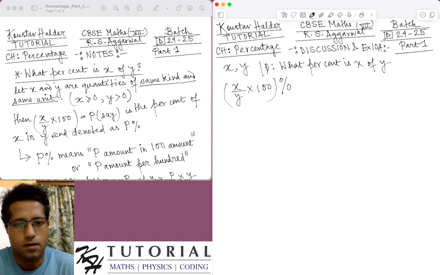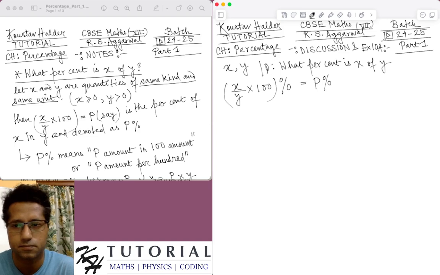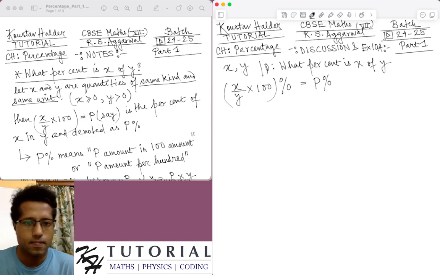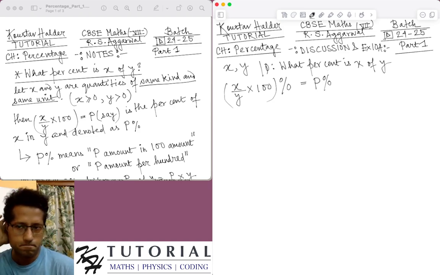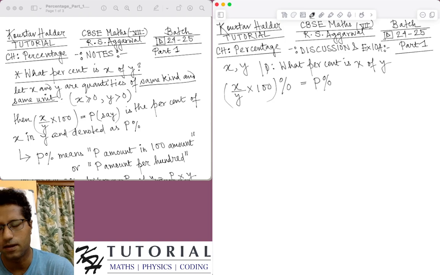Now for this amount x by y multiplied by 100, I will use the letter p. So this is equal to, let's say, p percentage. So x and y are some quantities of the same kind and same unit.